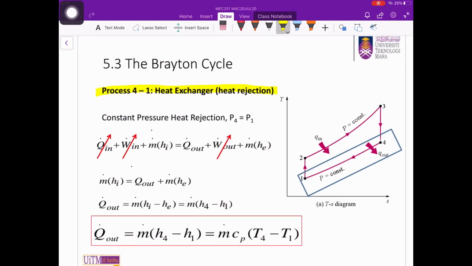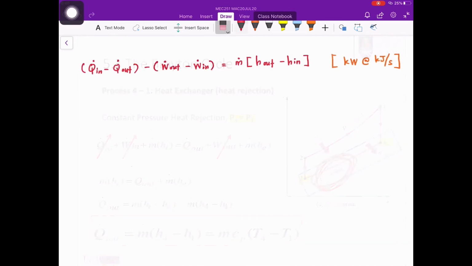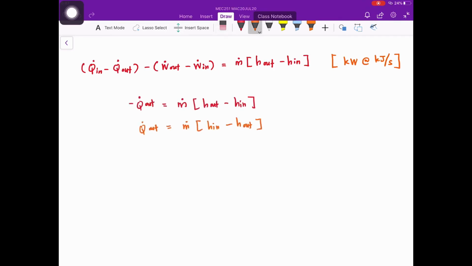For the last process, which is process 4-1, constant pressure heat rejection, pressure at state 4 is equal to pressure at state 1. From the steady flow energy equation, since the heat exchanger is not a work-related steady flow device and it is used to reject heat for this process, the SFEE will become this expression.